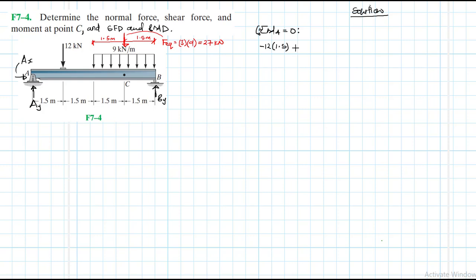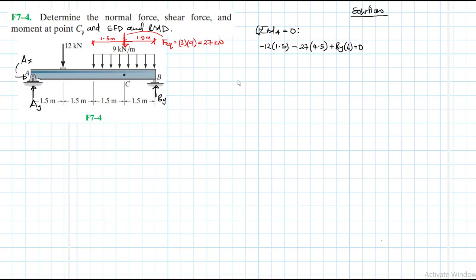We have another minus moment from the equivalent force, which is 27 times what's the lever arm from A. This is 4.5, right? And then we have a positive moment due to the reaction at B, which is By times 6, equal to 0.